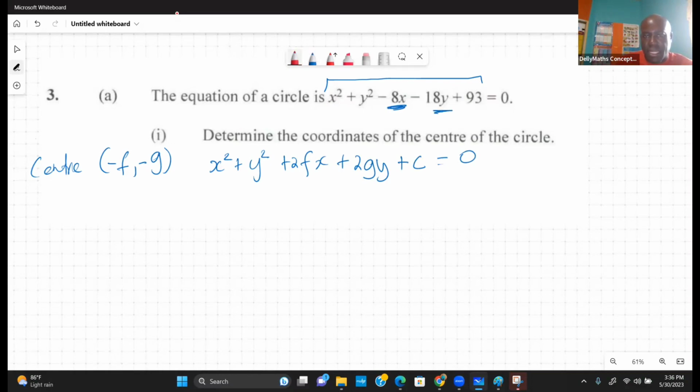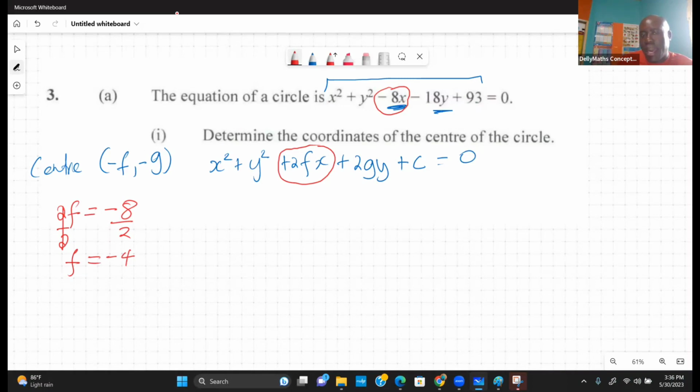Let's look at the negative 8x here. The negative 8x will be likened onto this, so I could say 2f is equal to negative 8. Dividing by 2, f is simply negative 4.